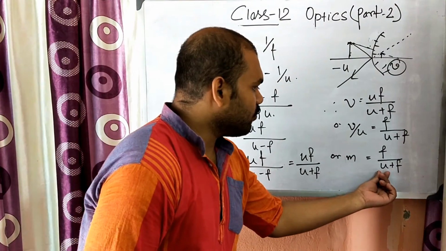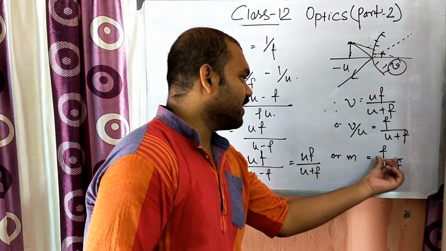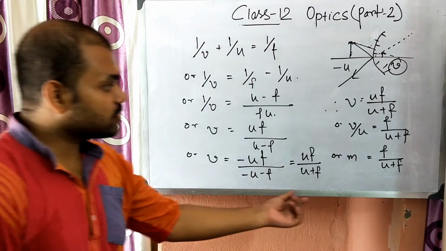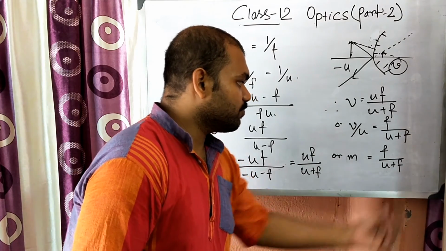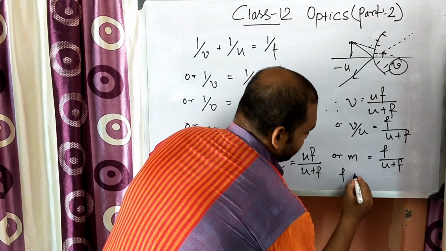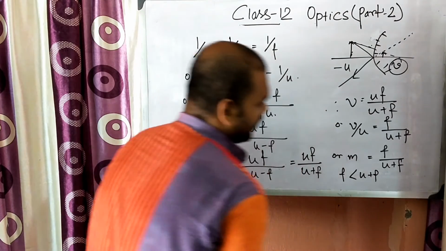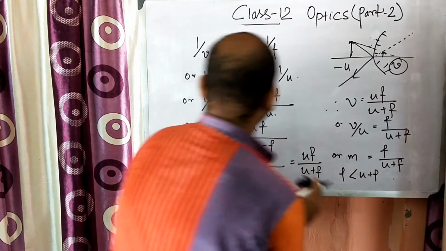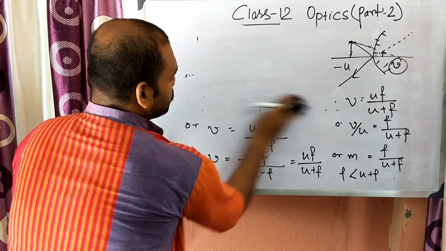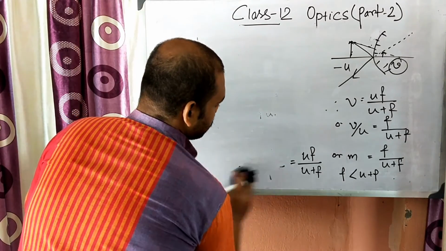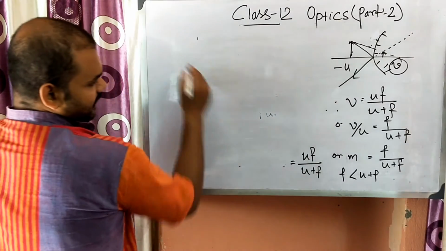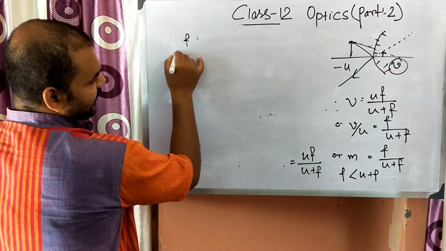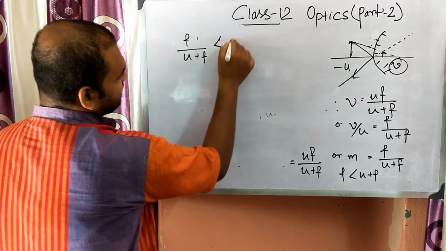Now if you put the value of u and the value of f, no need to put the sign over here because we have already put it here. So just put only the magnitude. So f is less than u plus f, so we can say f by u plus f is less than 1.